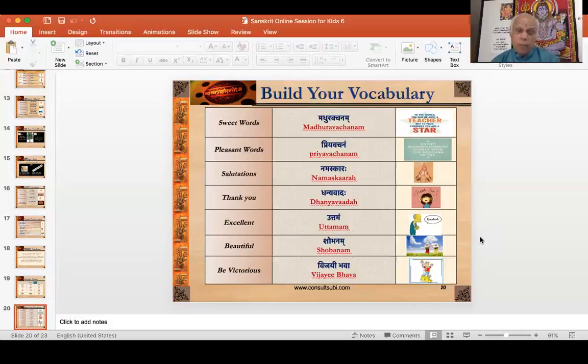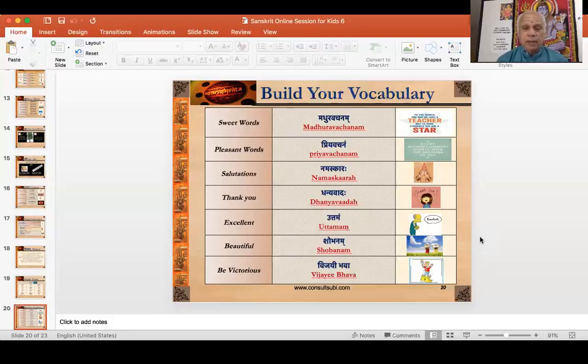Beautiful. Again, beautiful is one word in English, but you have so many of them in Sanskrit, just like water. Here I'm giving you one word called Shobhanam. Shobhanam refers to beautiful. Victory, Vijaya.